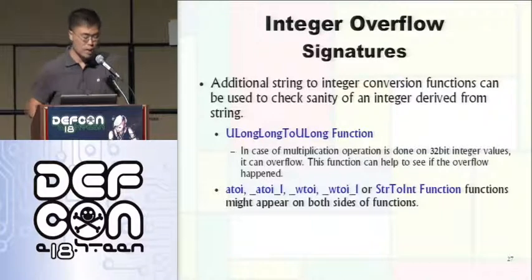So you might wonder why the Microsoft engineer used the ULongLongToULong function to fix the integer overflow, not just comparing some integers. It was because it is recommended by the SDL. The API converts a 64-bit integer to 32-bit, but it fails if the original 64-bit value is greater than the maximum 32-bit value.